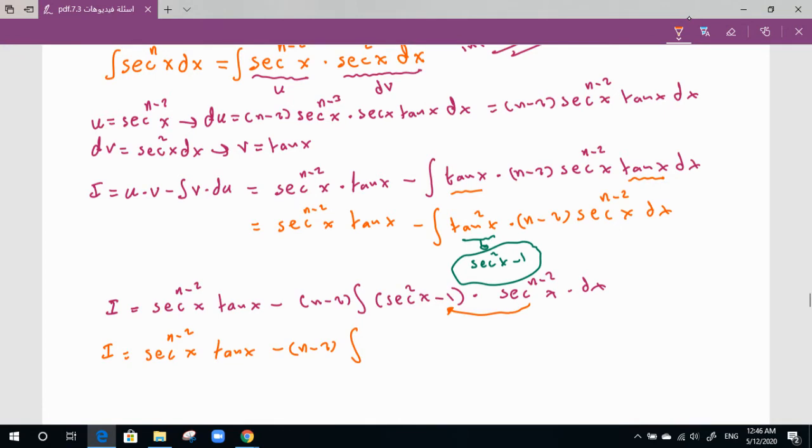I add the powers, so 2 plus n minus 2 gives n. So secant to the power n x minus 1 times secant to the power n minus 2 gives minus secant to the power n minus 2 x dx.